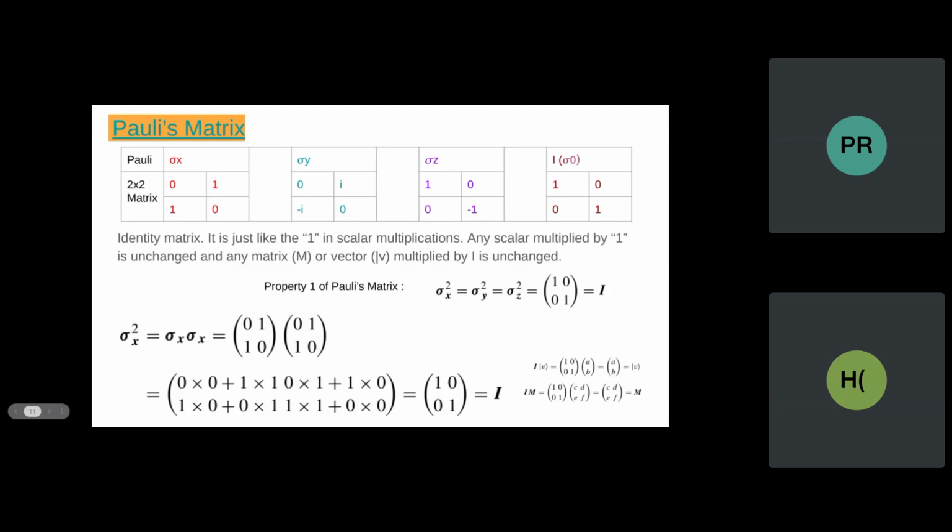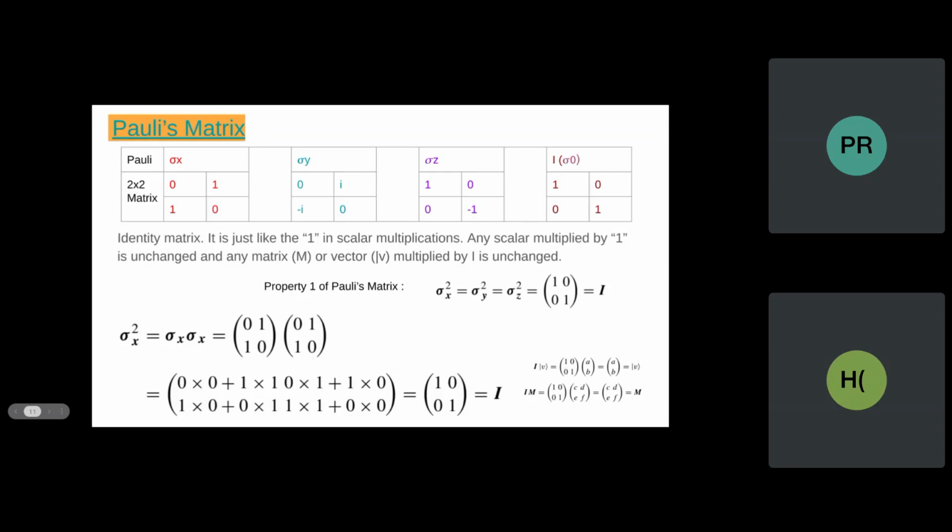So you will always have ket 0 and ket 1 as 1, 0 and 0, 1, for up and down.